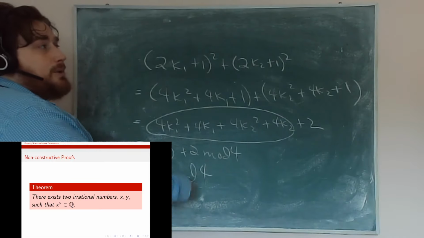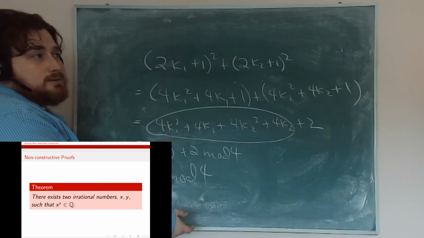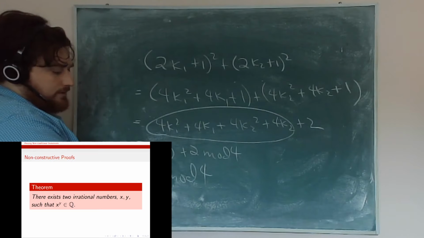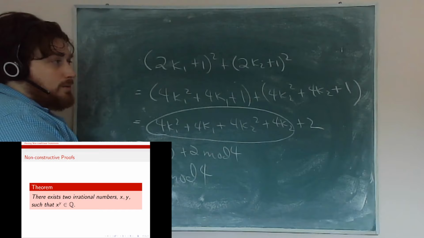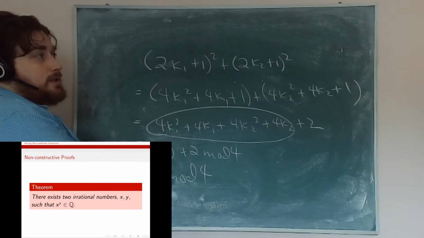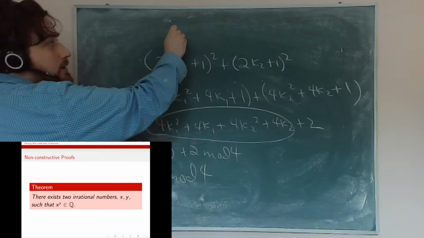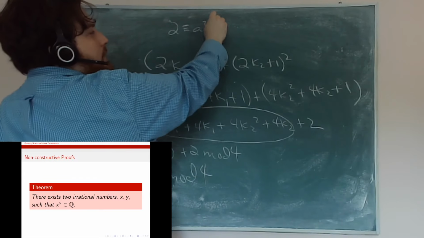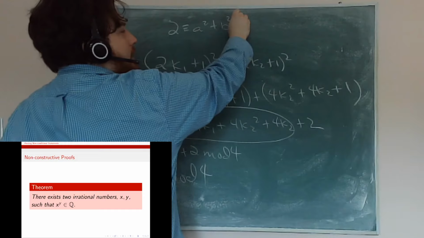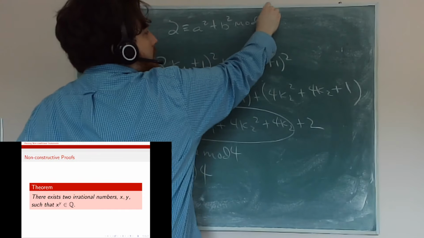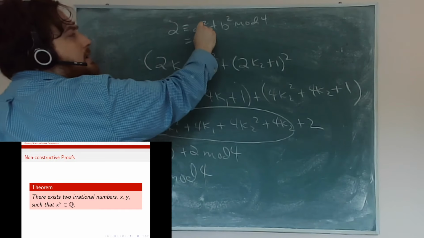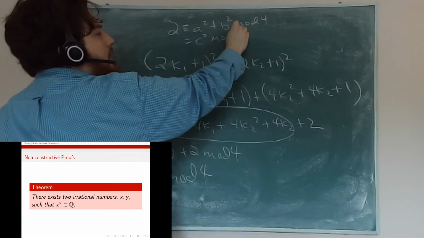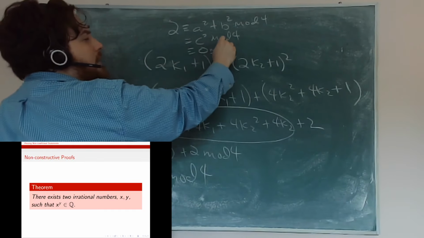It means that because c was even, c squared was congruent to 0 mod 4, but it was also equal to a squared plus b squared. So what I get is 2 is congruent to a squared plus b squared mod 4, which is equal to c squared mod 4, which is congruent to 0 mod 4.